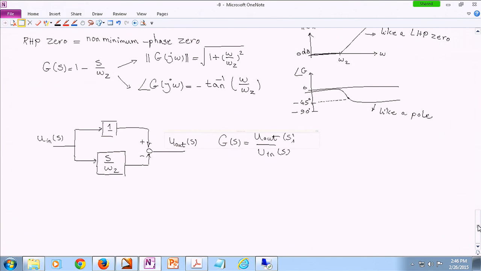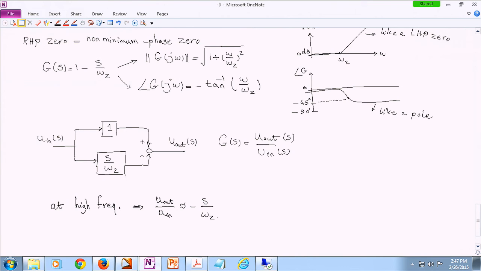So at very high frequencies, remember, s is j omega. High frequency means s is large. So s over omega z gets large. Therefore, it's much larger than 1. We can actually neglect 1.